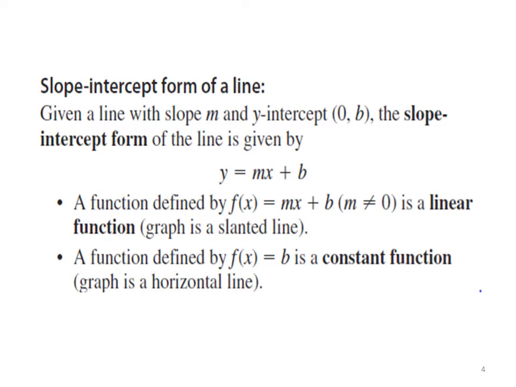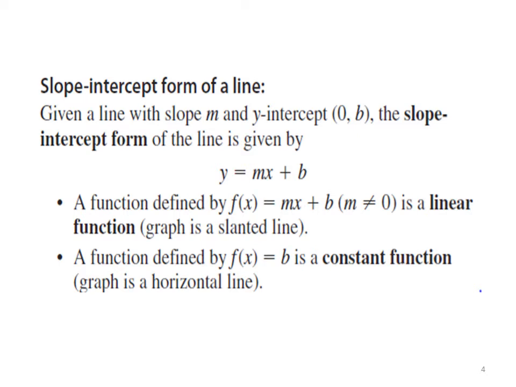Of course, we started with one form of the line, which is a linear equation in two variables. There is another form to write the equation of the line, and this is called the slope-intercept form of a line. From the name, that means you need to know the slope and you need to know the y-intercept.